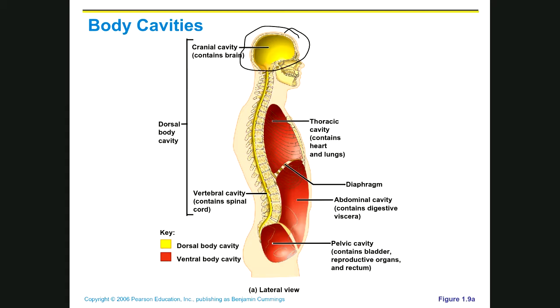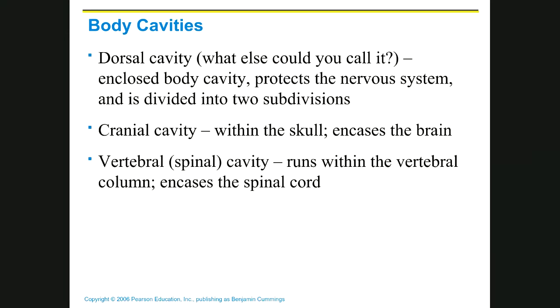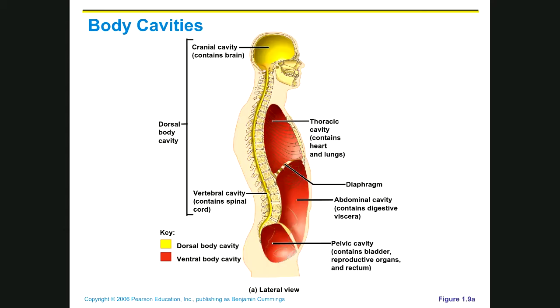They don't even look alike, and they have different organs in them. So we can subdivide this dorsal cavity into two smaller cavities. The cranial cavity, where the brain is located, and then the vertebral or spinal cavity, which is where the spinal cord is. So we have the cranial cavity and the vertebral cavity.